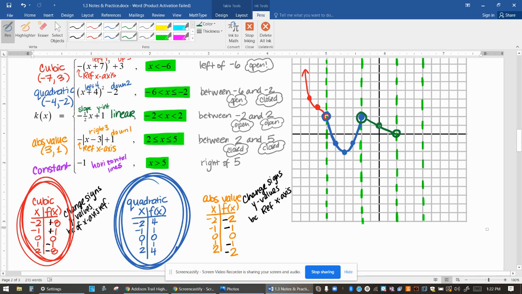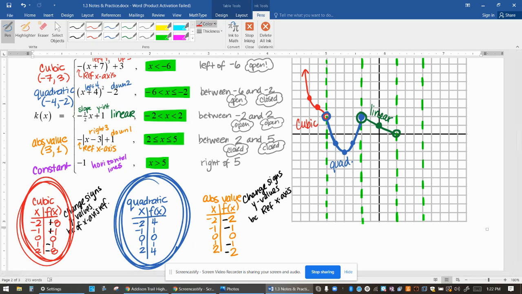So again, the y-intercept was 1, the slope was down 1 over 2. I went backwards, up 1 over 2, so I could plot a point. Remember, they wanted the linear function to be between -2 and +2. The quadratic had to be between -6 and -2. The cubic had to be to the left of -6.